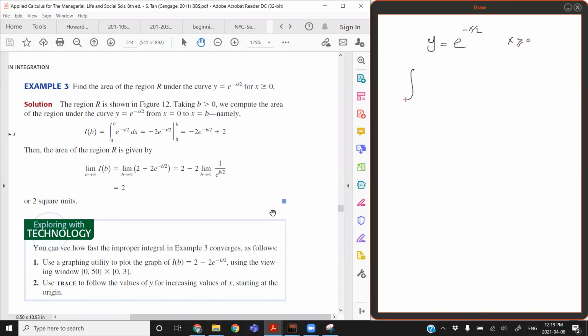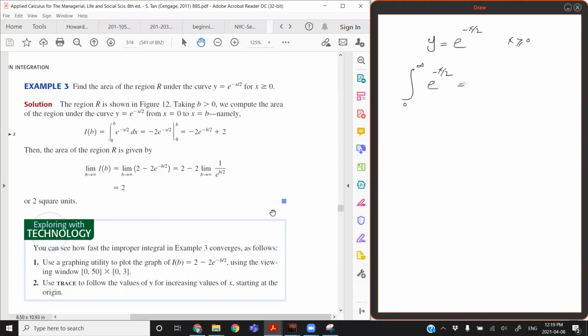So basically, we want to know the integral from 0 to infinity of e to the power of minus x over 2. You can see that there is no upper bound, so the upper bound is going to be infinity.